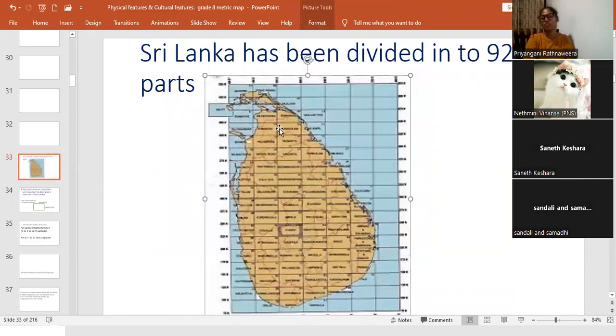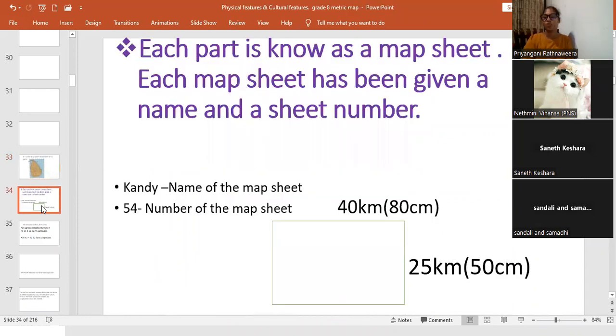Sri Lanka has been divided into 92 map sheets like this way. Then you should know about the size of one map sheet. Each part like this, this part, is known as a map sheet. This one is a map sheet. Before this, I showed you a map sheet.